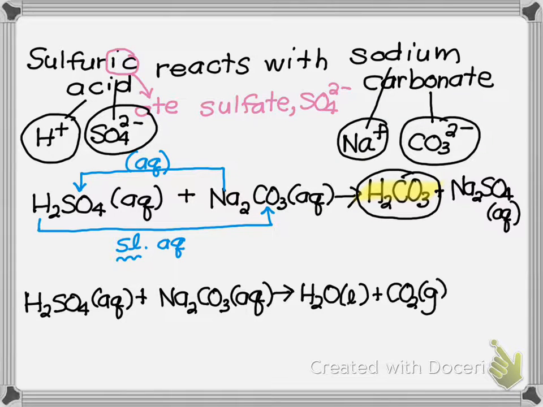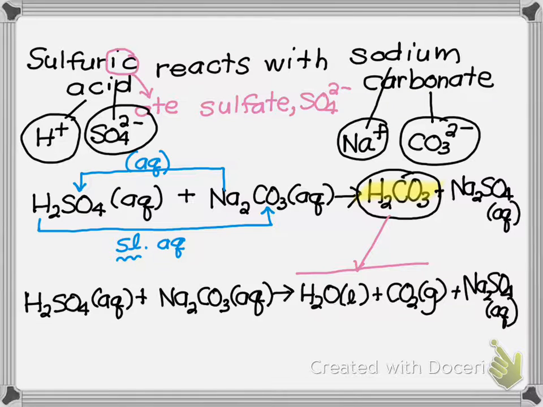That's right there. That is my H2CO3, is this right here. And then it will also make, we don't forget, we still have the Na2SO4, and I can't fit the aq there even as small as I'm trying to write.